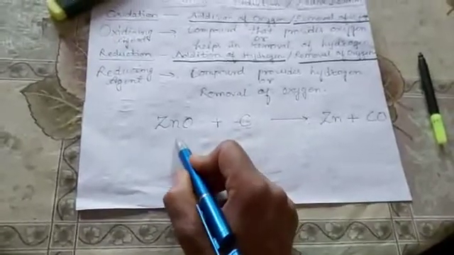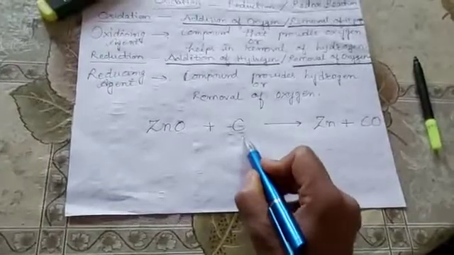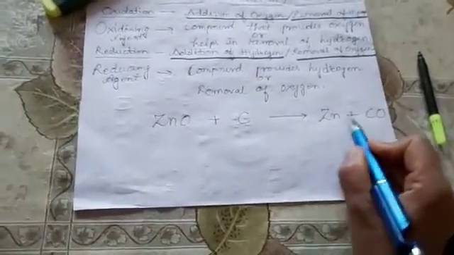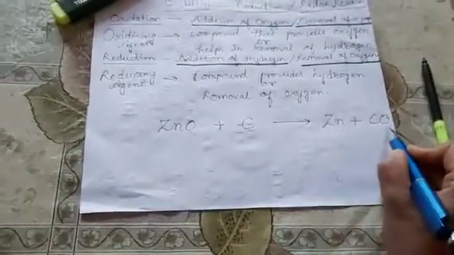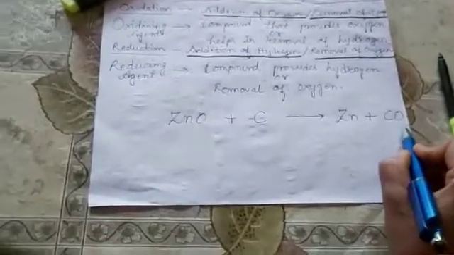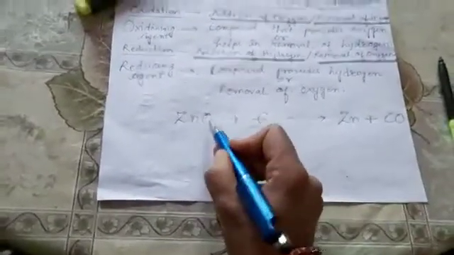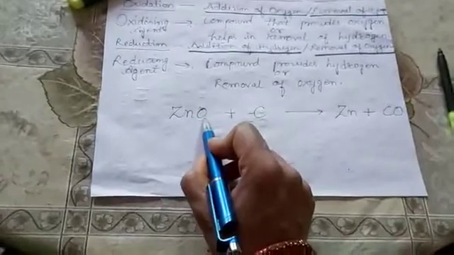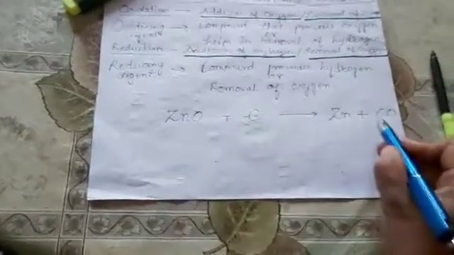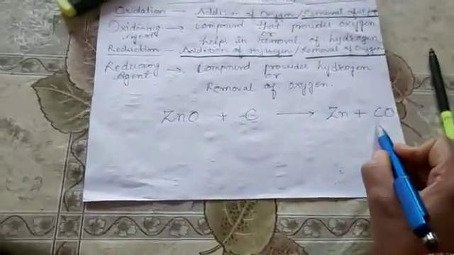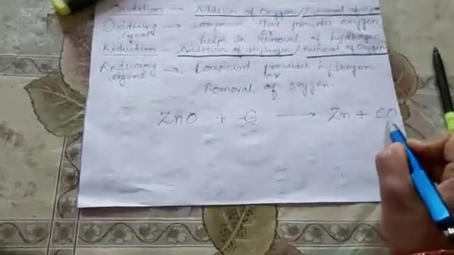Zinc oxide combines with carbon and forms zinc along with carbon monoxide. On the reactant side, oxygen is available with zinc, but on the product side, the oxygen is available with carbon.